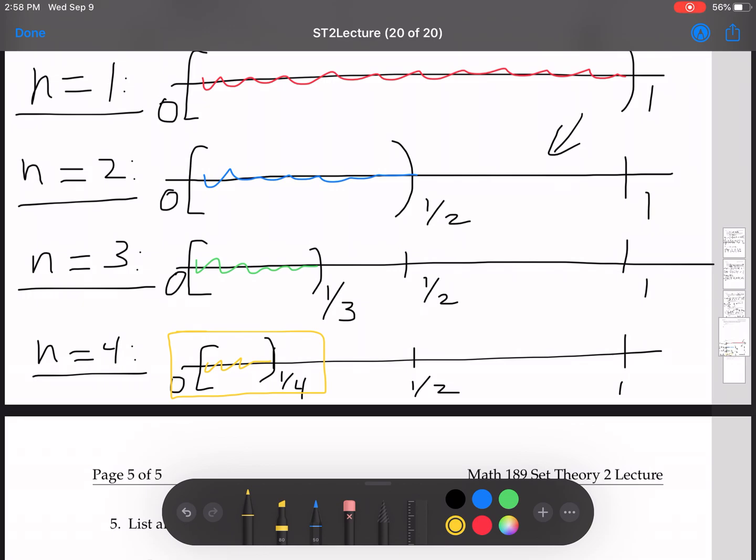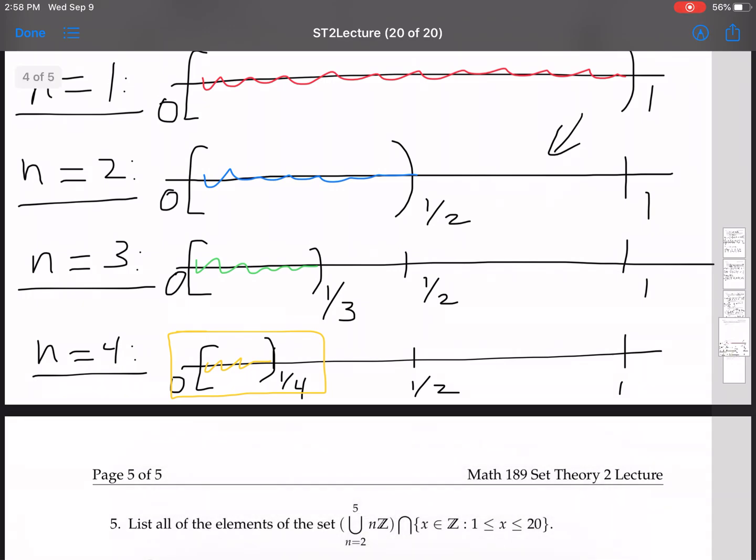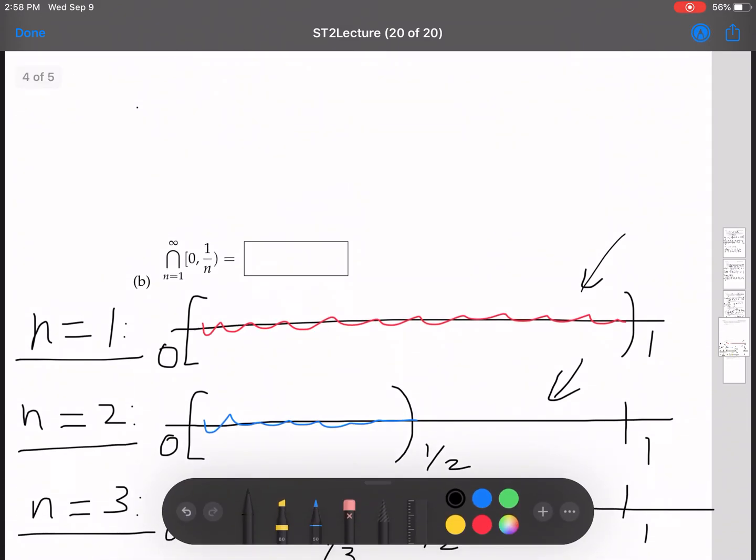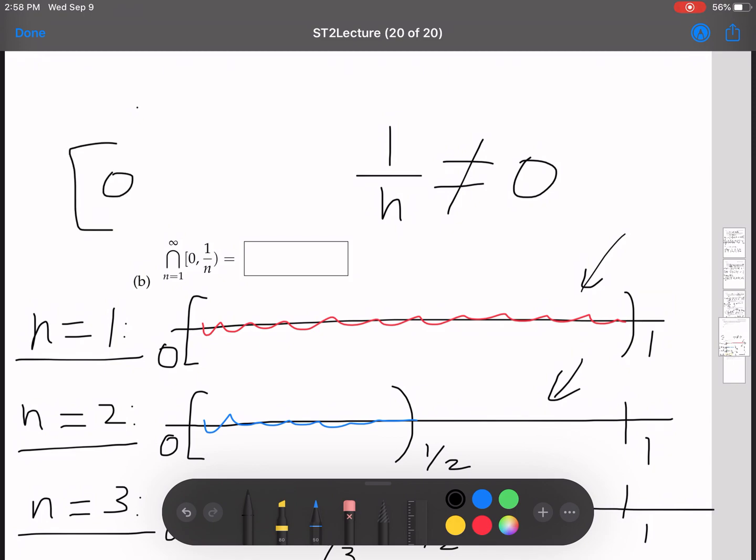But the thing is that 1 over n never equals 0, right? So each of these intervals, 0 to 1 over n, for any n, 0 is always going to be in there. 0 is going to be in this set no matter what.